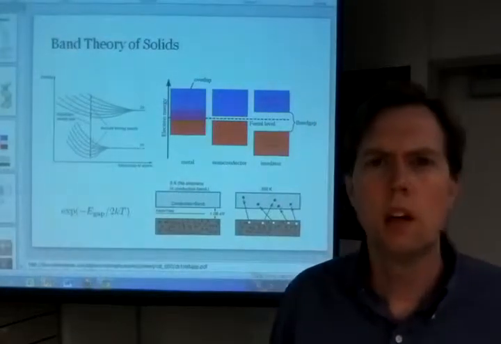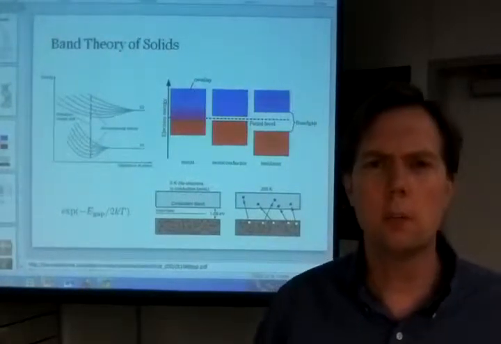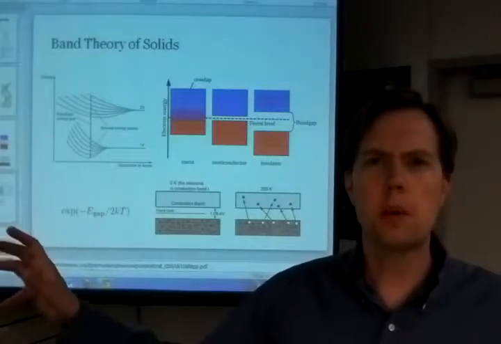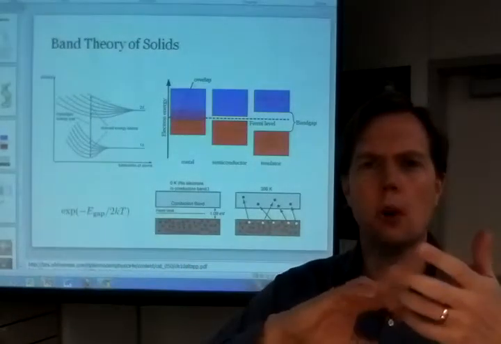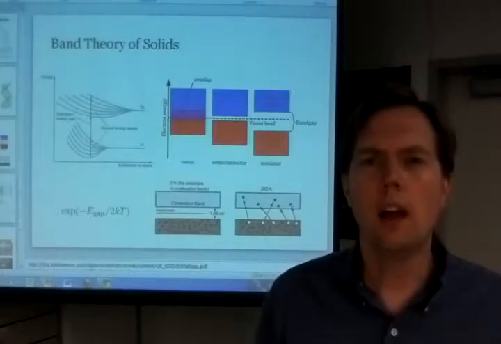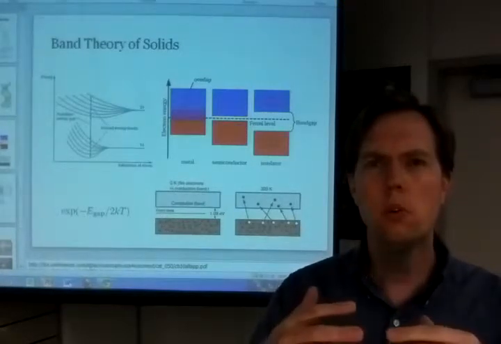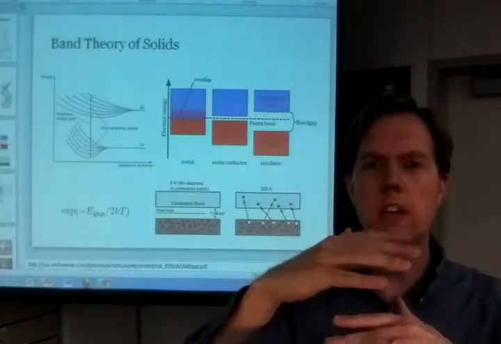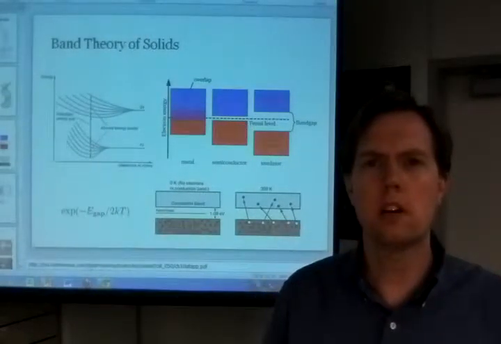Hi everyone. A couple of videos ago we talked about the covalent bond and how, when two atoms separated in space come together, their orbitals overlap and create two combined orbitals separated by an energy gap called the exchange energy.